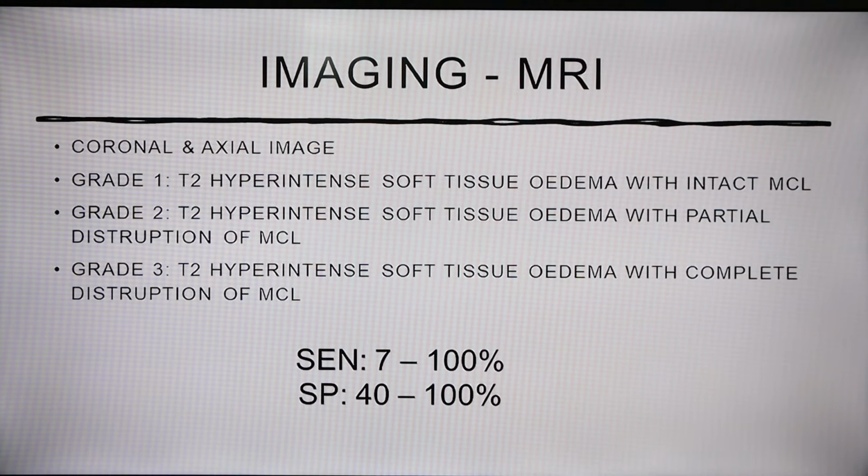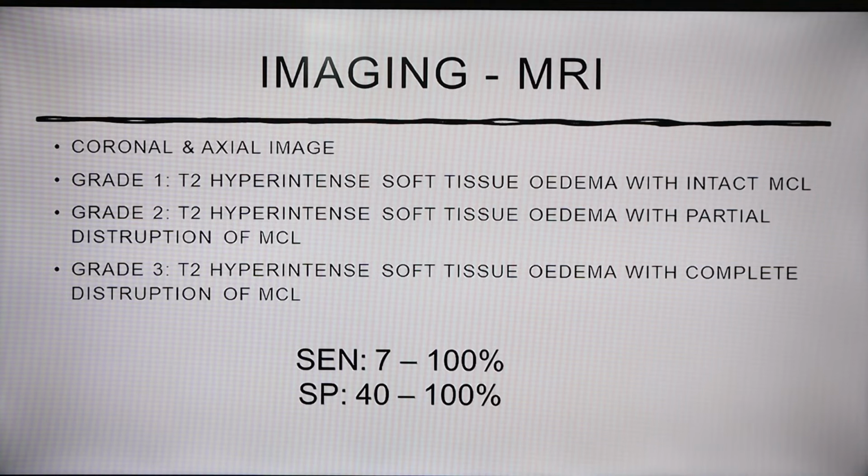The surgeons always say that MRI is the best because they do not know how to use ultrasound. But the sensitivity of MRI can be as low as 7% and specificity 40%. Diagnostic arthroscopy is still the gold standard. However, we should not put MRI as one of the main modalities, because sometimes MRI cannot see a very small tear or chronic tear.